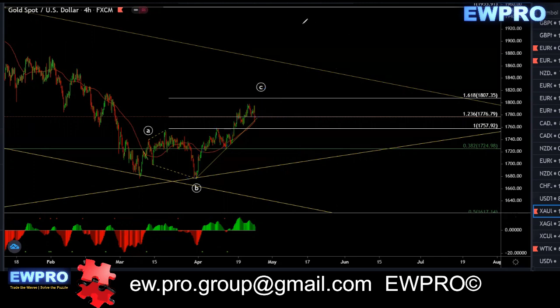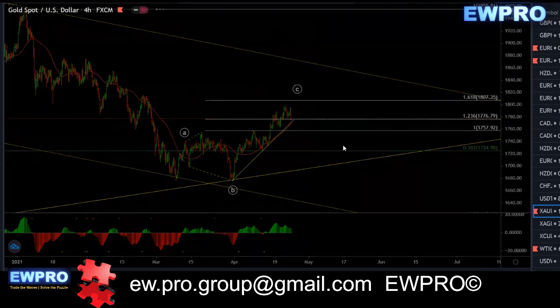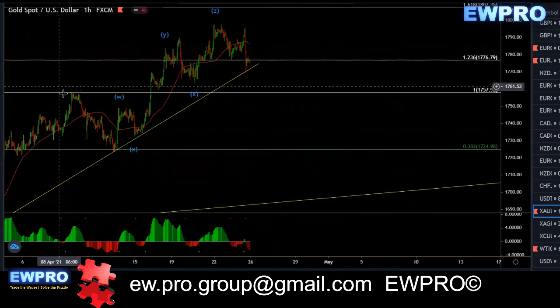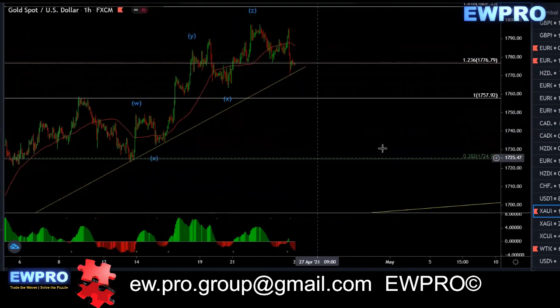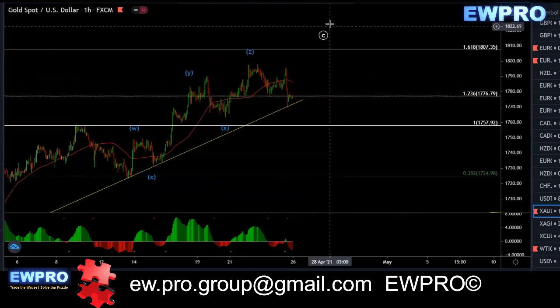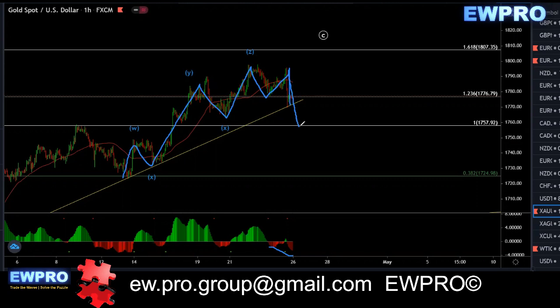It's tricky, this one. On the H1, we got the 5 up after the larger correction. So we got the WXY, XZ. Now we've got an ABC, but there's no bullish divergence, so this may not be over.